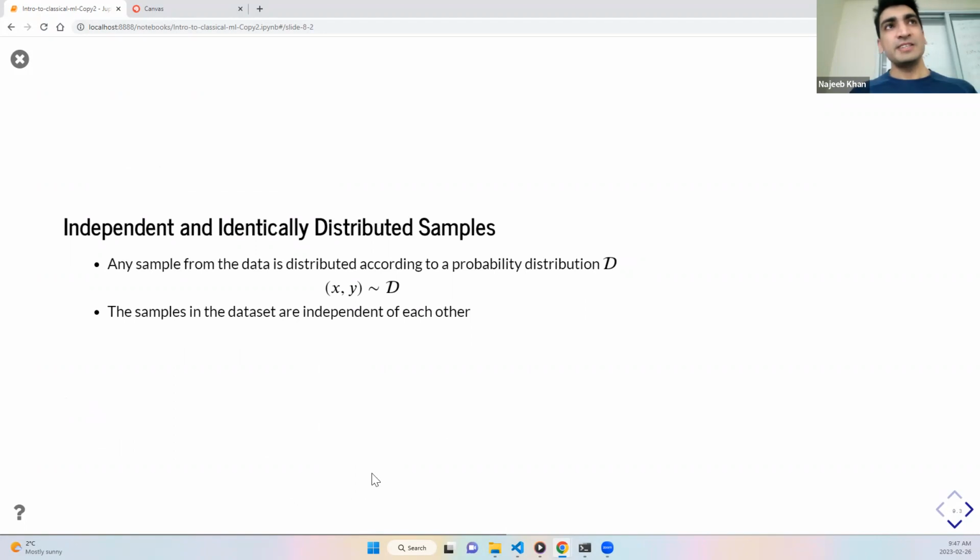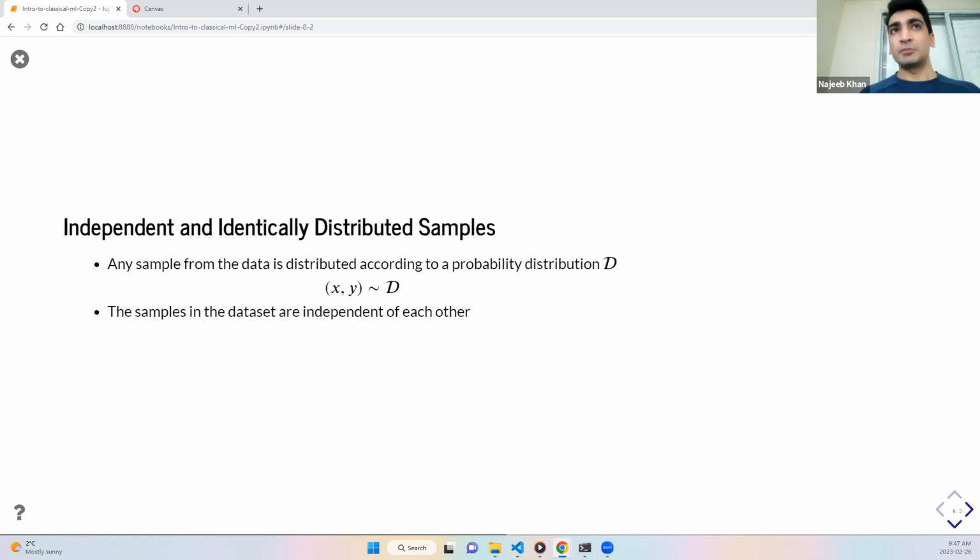So what it is, first, is any sample from the data is distributed according to a probability distribution D. If you have any input and target labels, it is assumed that they will be coming from a given fixed probability distribution. And the second assumption that we make is that the samples in the data set are independent of each other.